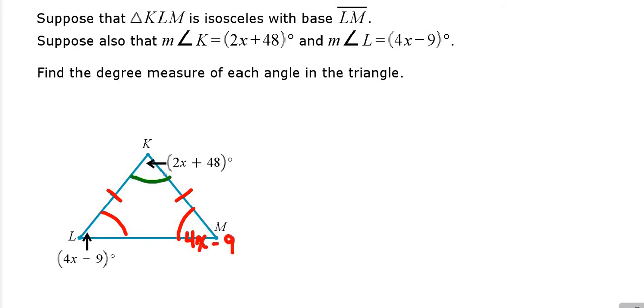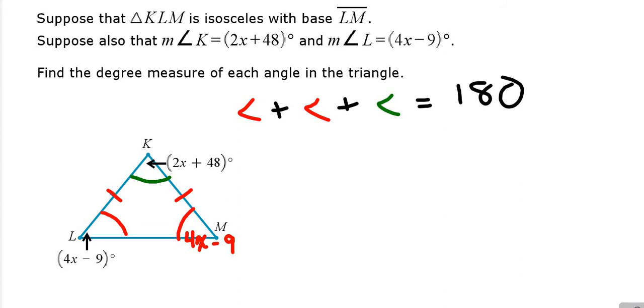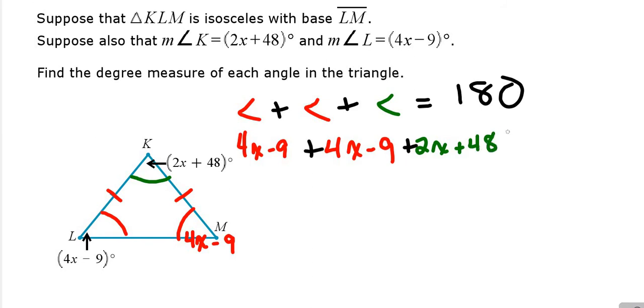And then we're given this is 2x plus 48. So your equation is angle plus angle plus angle equals 180. So in this case, it'd be 4x minus 9 plus 4x minus 9 plus 2x plus 48 equals 180, and you solve.